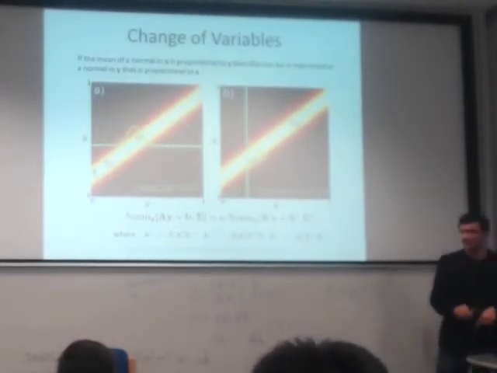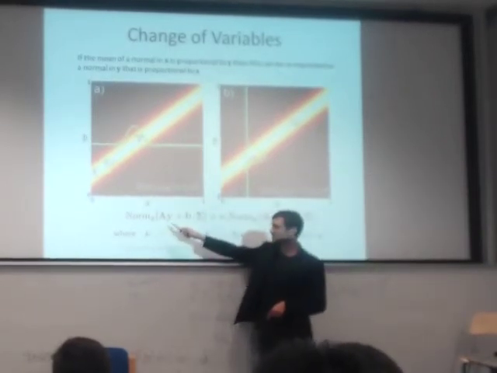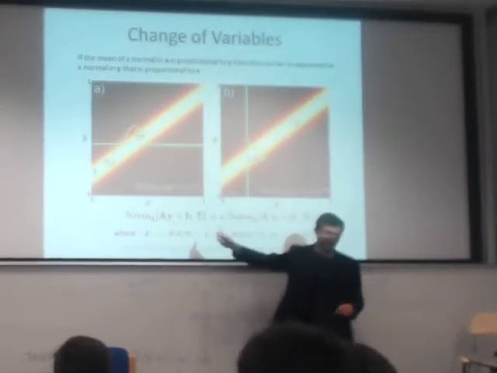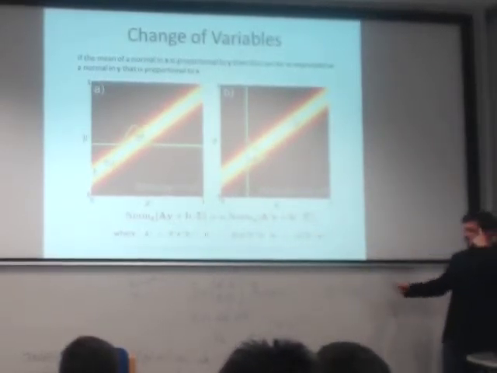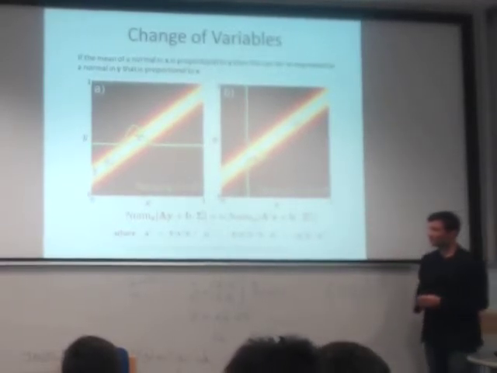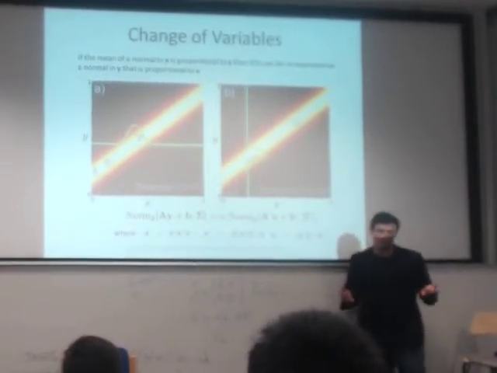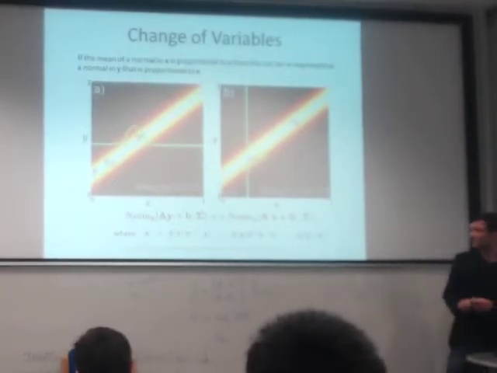So your normal distribution of x is a function of y, and that has a property where again you end up with a constant and a transformed normal distribution in the variable y.